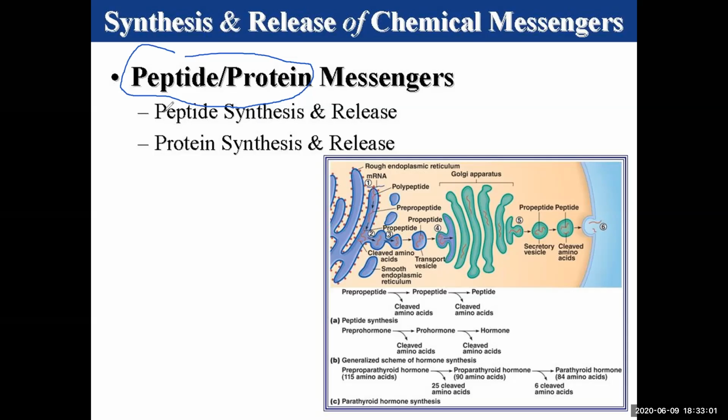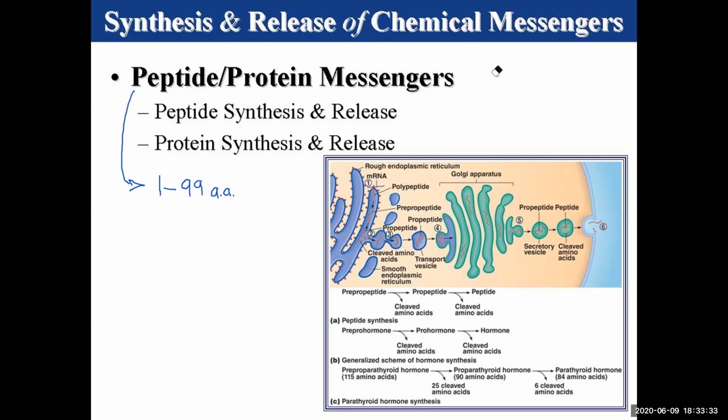Now, what is the difference between a peptide and a protein? Depending on the school of thought, depending on the textbook. Some textbooks, this is a convention: any sequence of amino acids containing between 1 to 99 amino acids will be called a peptide.